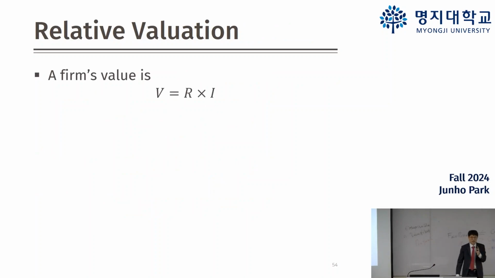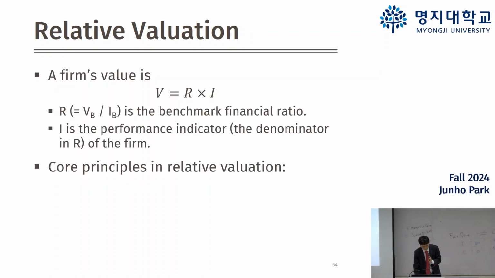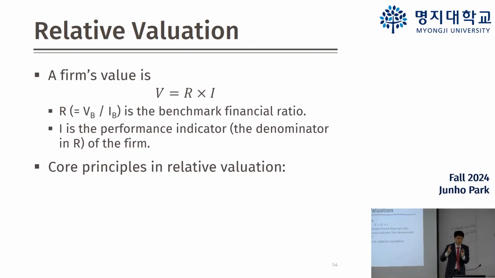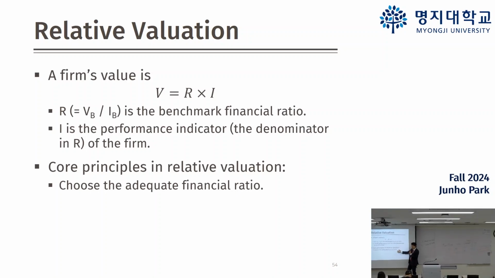Let me give you a more formal explanation. If you want to apply the relative valuations, then there are 3 things you need to know. First, you should choose adequate characteristics, in other words, some kind of financial ratio that represents the performance of the company.